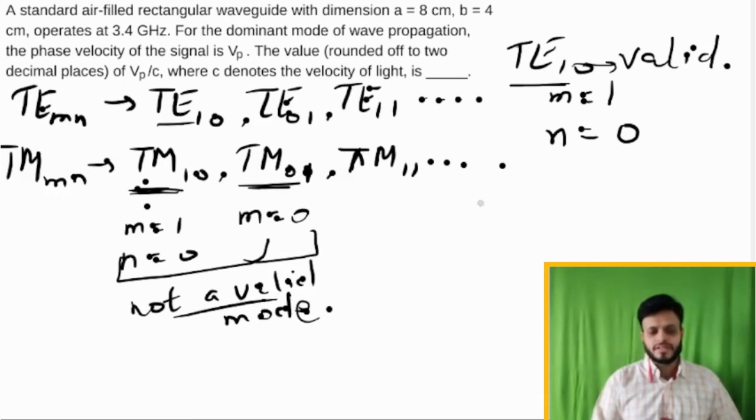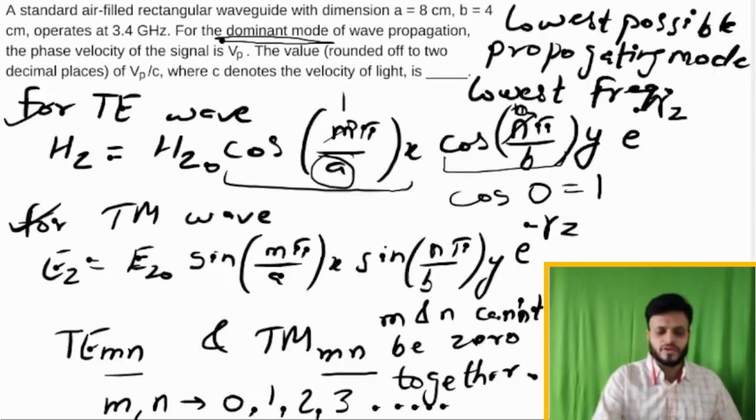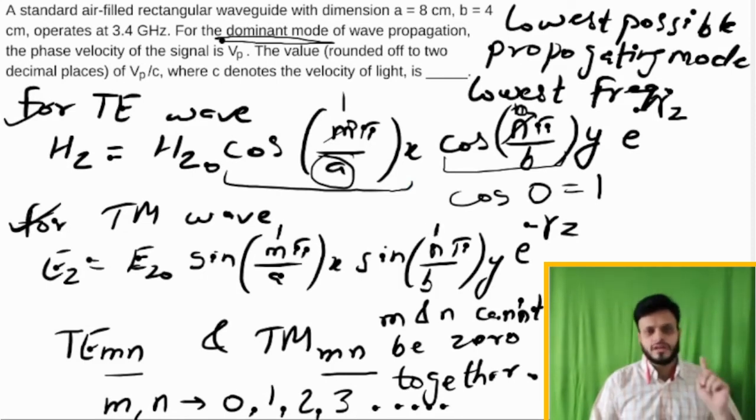Now when we consider this TM11 mode, we can see from this Ez equation that when you put 1 in place of m and 1 in place of n, Ez will take some non-zero value based on the values of a and b.